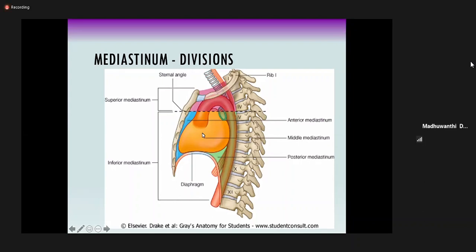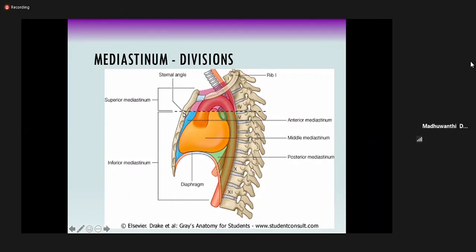For convenience of description, this mediastinum is divided into different compartments. The first division is the superior mediastinum and the inferior mediastinum. From the first thoracic vertebral body to the fourth thoracic vertebral body posteriorly, and in the region of the manubrium sterni anteriorly, you have the superior mediastinum.